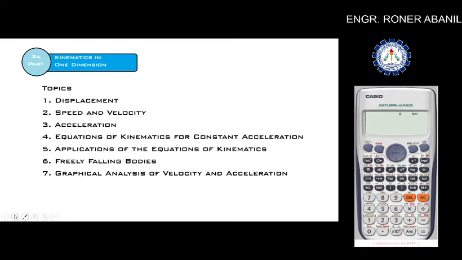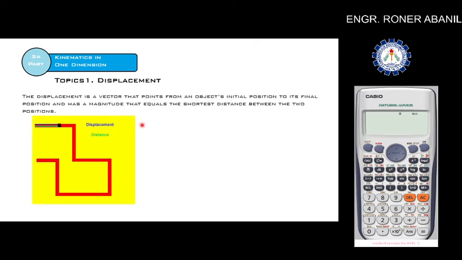Okay? Nandiyan si displacement, speed and velocity, si acceleration, si equation of kinematics for constant acceleration, as application for the equation in kinematics, saka yung freely falling bodies. Tapos yung graphical analysis of velocity and acceleration. Okay? So, let's start na, magsimula tayo kay displacement.